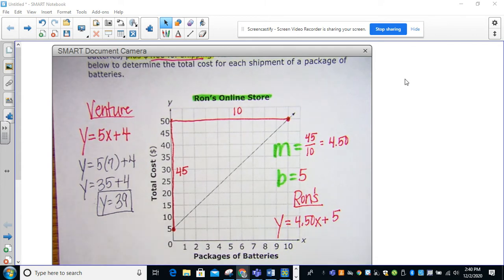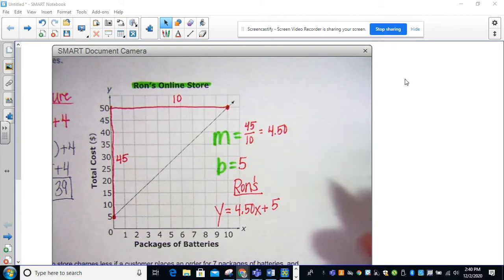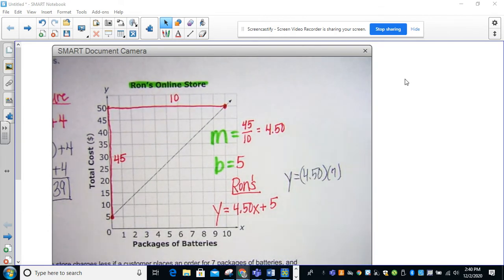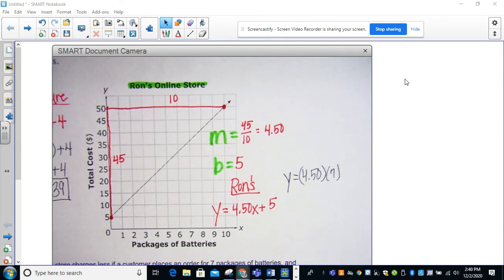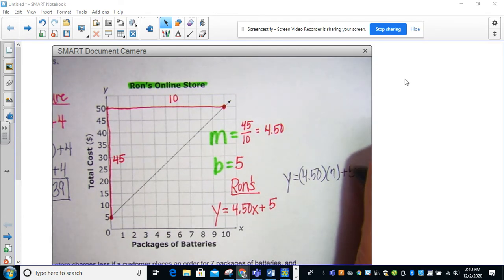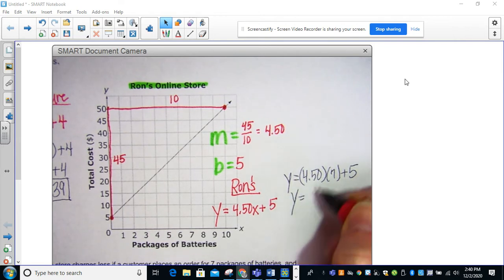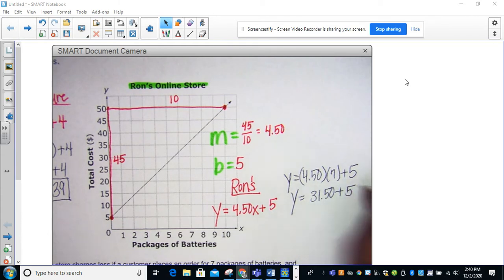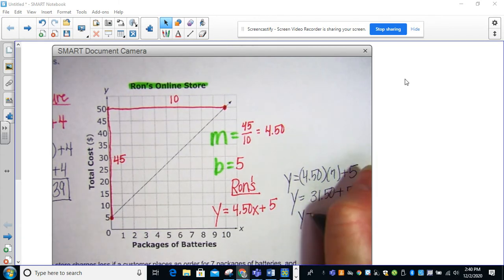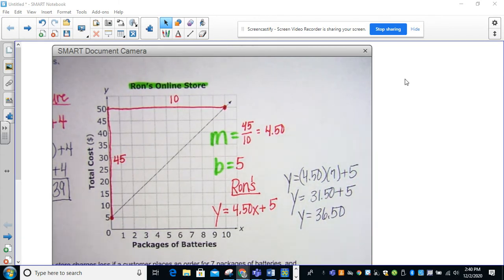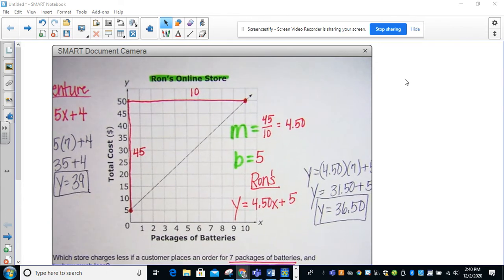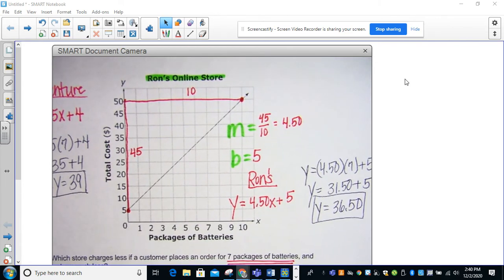Then we're going to look at Ron's, and let's plug in y equals 4.50 times 7 packages of batteries plus the $5 for shipping. Well, 4.50 times 7 is $31.50 plus your $5. It's going to cost $36.50 for Ron's.